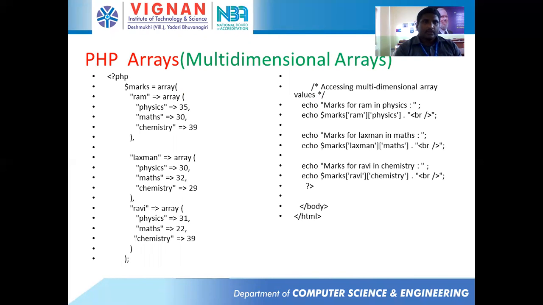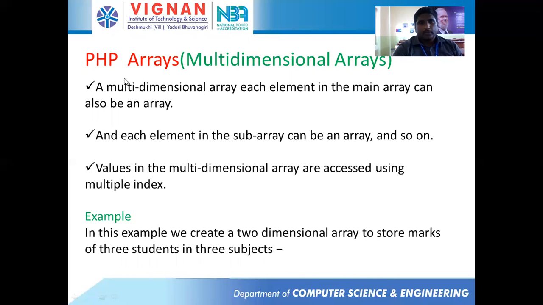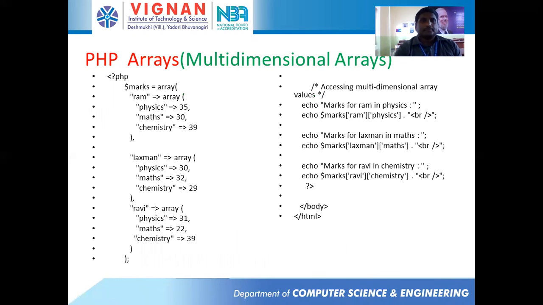Here, very simple PHP. What is our problem? A two-dimensional array to store marks of 3 students in 3 subjects. Three subjects' marks are going to be assigned to each student, so each student is created as an array. See, $marks array: Ram is an array with the usual indexes, physics, math, chemistry. Next the Lakshman array and the Ravi array.